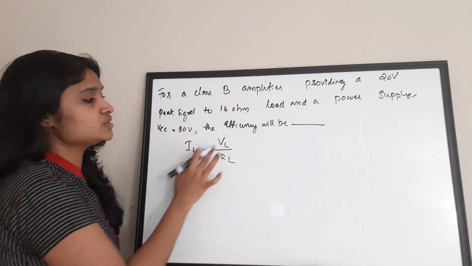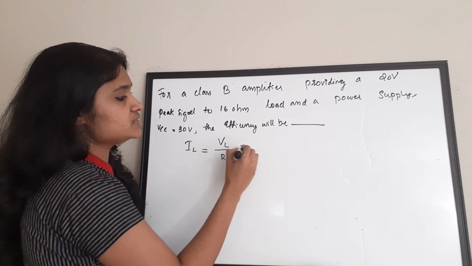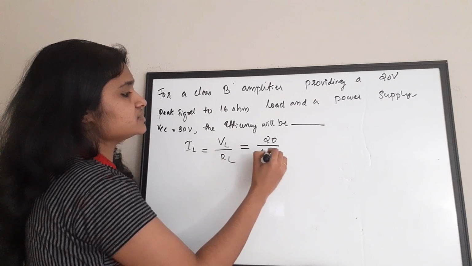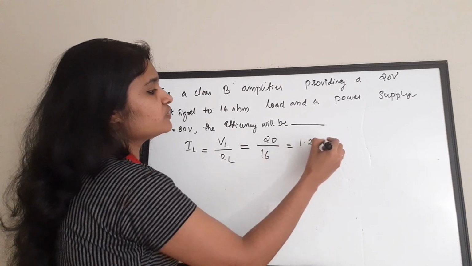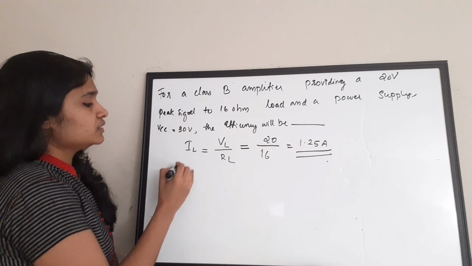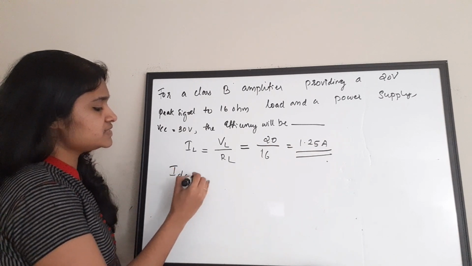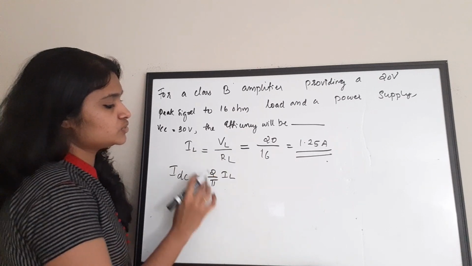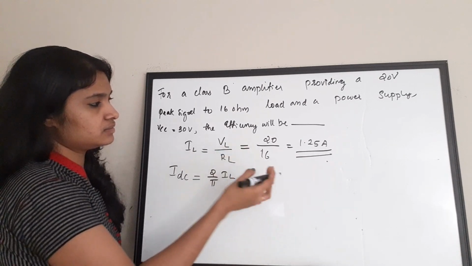So IL is equal to VL by RL, which is 20 by 16. It will be 1.25 ampere, the value of load current. Now what is the DC value corresponding to this? It is 2 by pi into the given current.